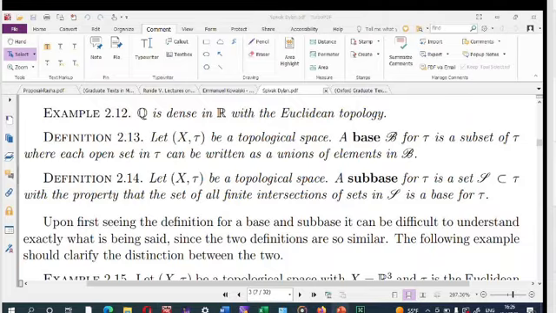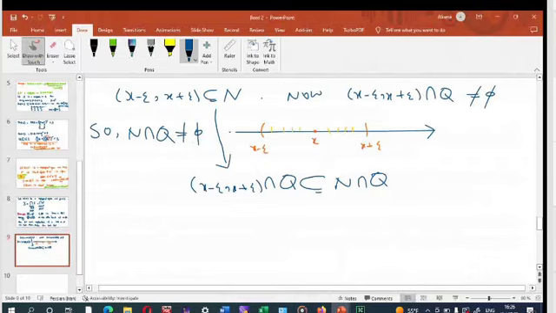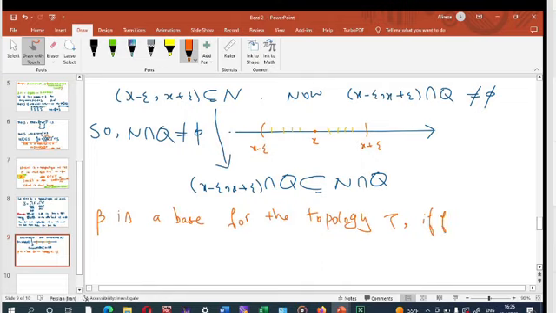So that beta is a base for the topology tau, for example, if and only if for any u in tau there exists a family such as B alpha in beta such that u can be written as the union of this family.